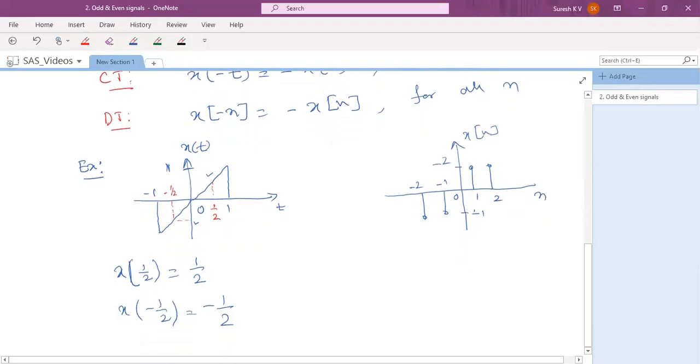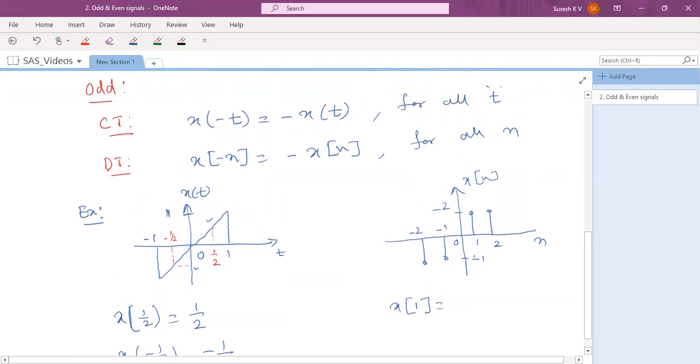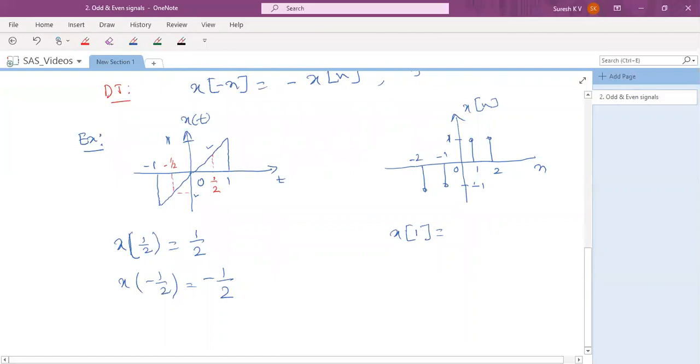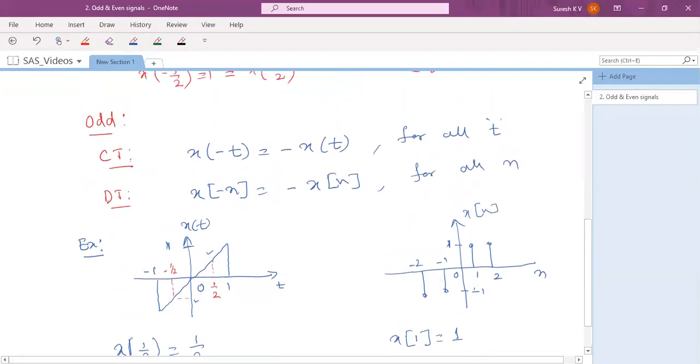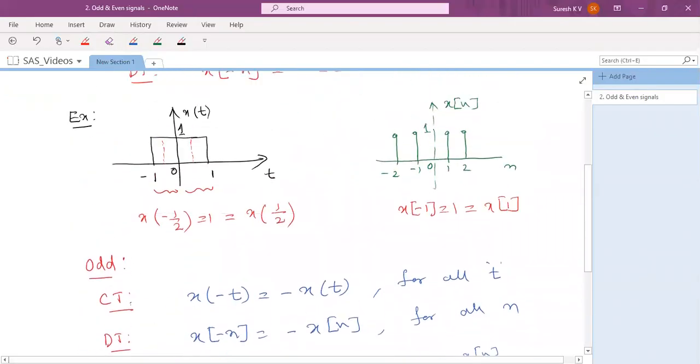So as you can notice, x at plus 1, the value is equal to 1. X at minus 1, the value is minus 1. So it satisfies the condition. So this is how we can classify signals into odd and even signals.